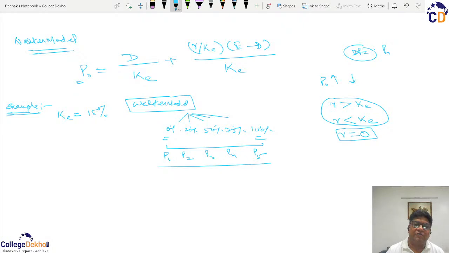Which price will be higher depends upon whether R is equal to KE, more than KE, or less than KE. The question says calculate the market price of the share under different DP ratios if the rate of return is 18% per annum.